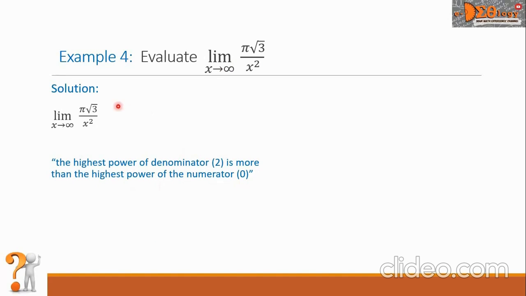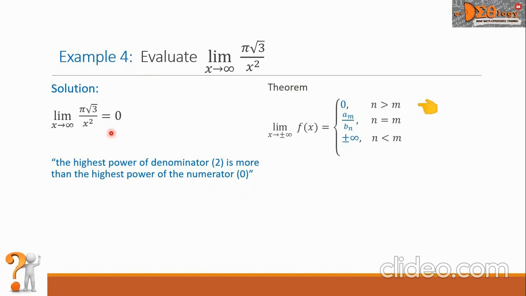Take note that our numerator here is a constant, so the power is 0. It means, in the theorem, this problem falls on category number 1. The n is more than m. So the final answer we can write here as 0.